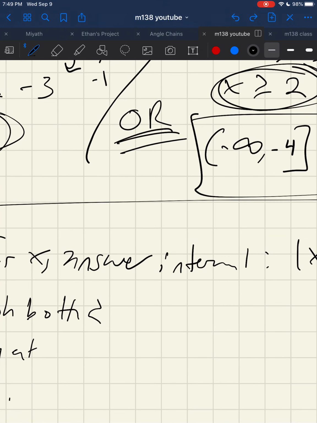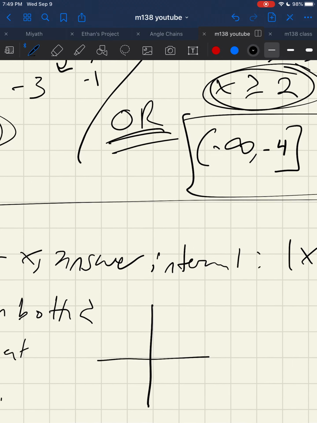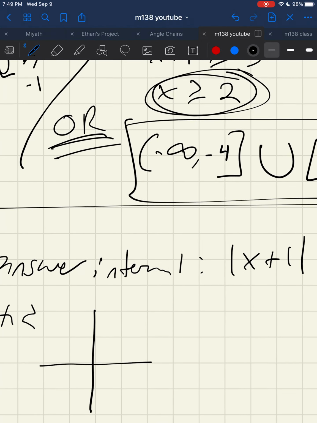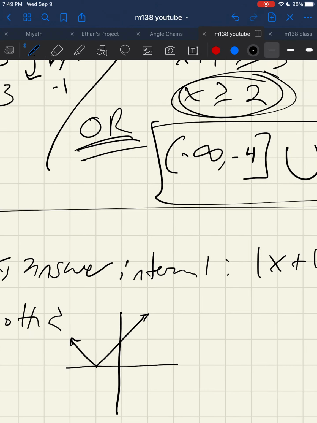And the other way is, we'll just zoom in here a little bit. We're just going to graph these both on the same axes. I'm going to go really quickly because I don't expect to do this type of thing too often. So to graph absolute value of x plus 1, it's like the absolute value of x except shifted to the left by 1. So we've got this.